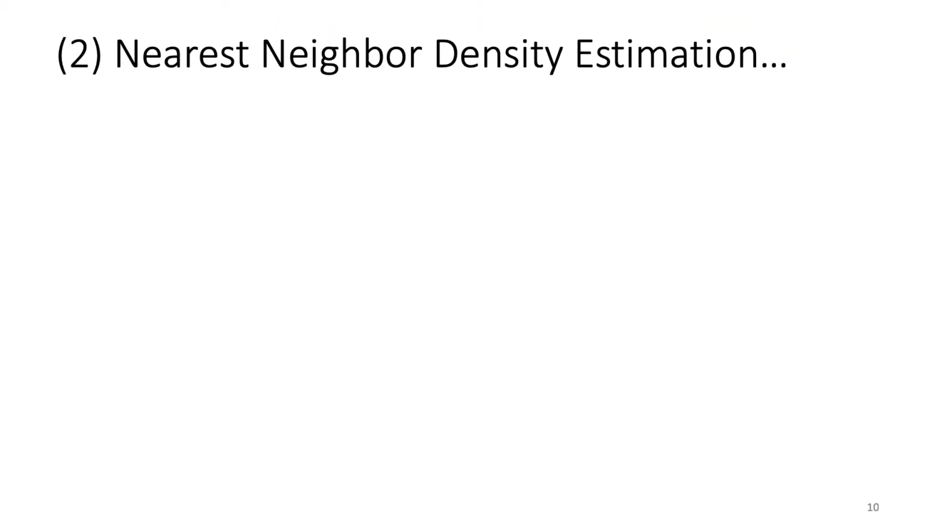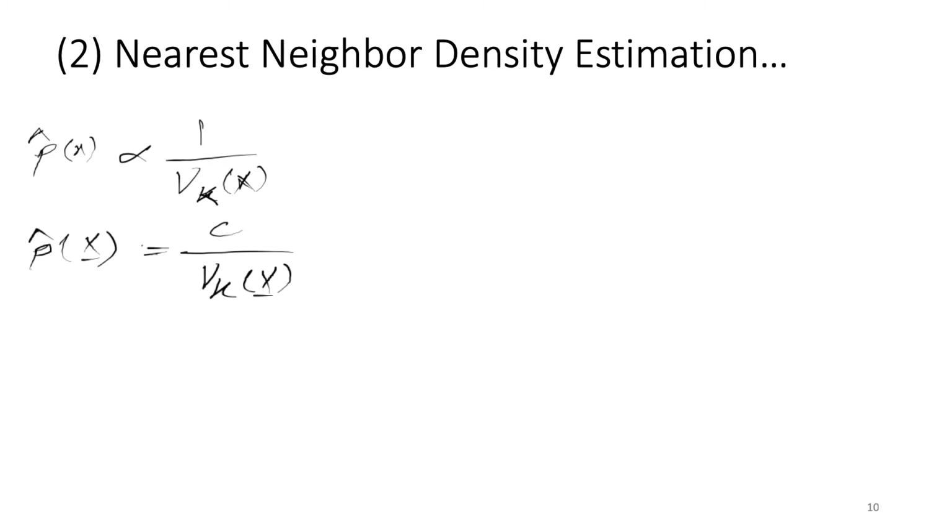Okay, so let's talk about the definition of the p hat here. Just like the histogram, our estimated p, or p hat, is related in an inverse manner to the volume of the k, and the k could be 1, 2, or n, or anything that we input to the nearest neighbor algorithm.